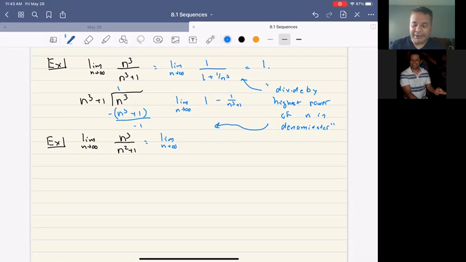We're going to get n over 1 plus 1 over n squared.